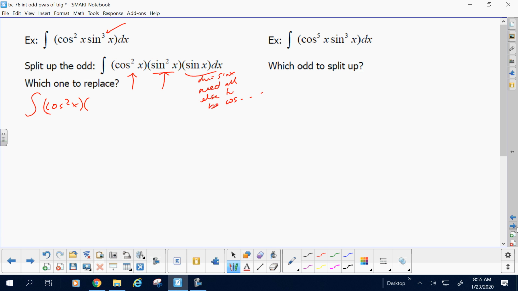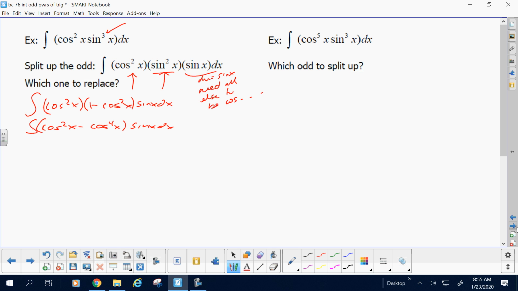We're going to replace the sine squared with 1 minus cosine squared. Now it's up to you whether you distribute first and then u sub, or u sub then distribute. It's your call, it's fine either way. What do you want to do? Distribute first. Okay, so cosine squared minus cosine to the 4th. When I say distribute, obviously I just mean the cosines. Don't distribute the sine. That's bad.